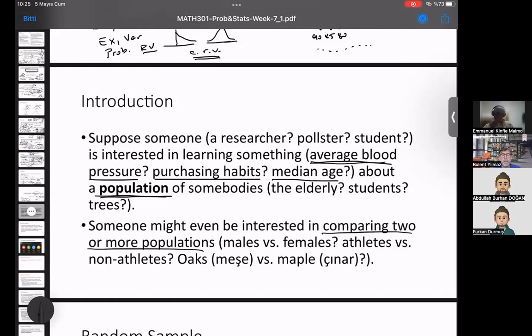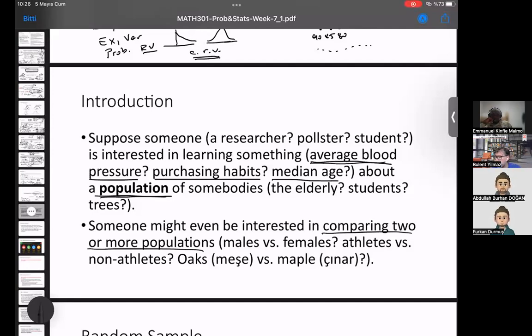We may be interested in a certain property of a population with certain trees, or certain bacteria, or different diseases, normal people and diseased people. We want to be able to compare two populations. In this course, we will find ways to estimate something from the population.